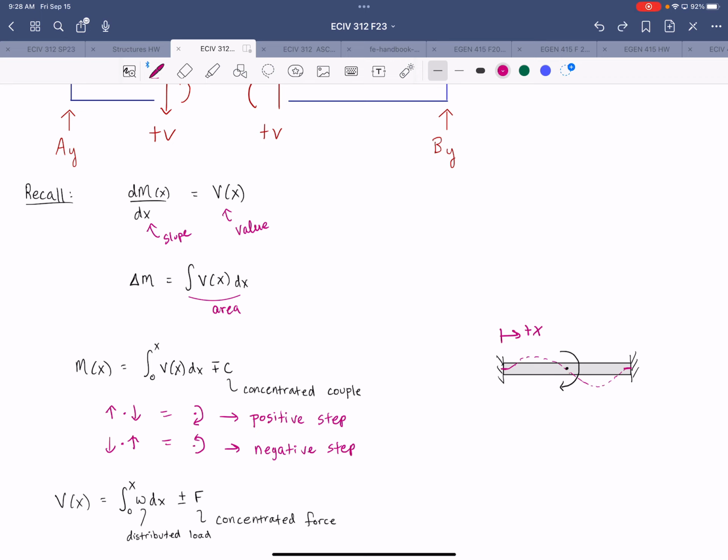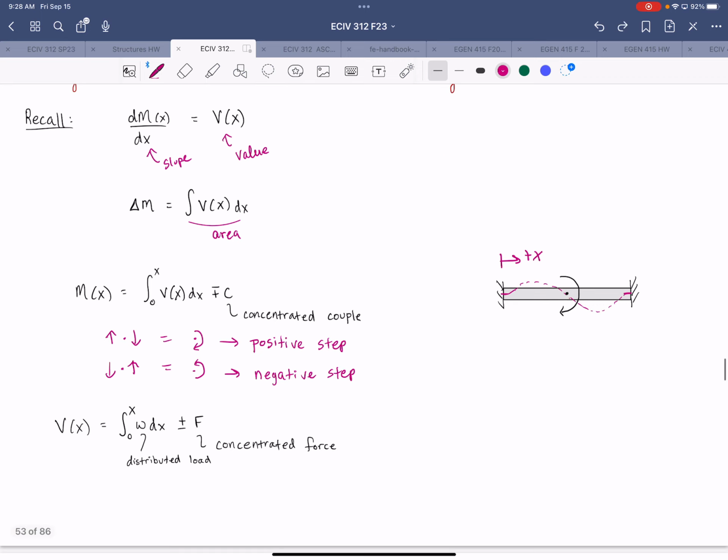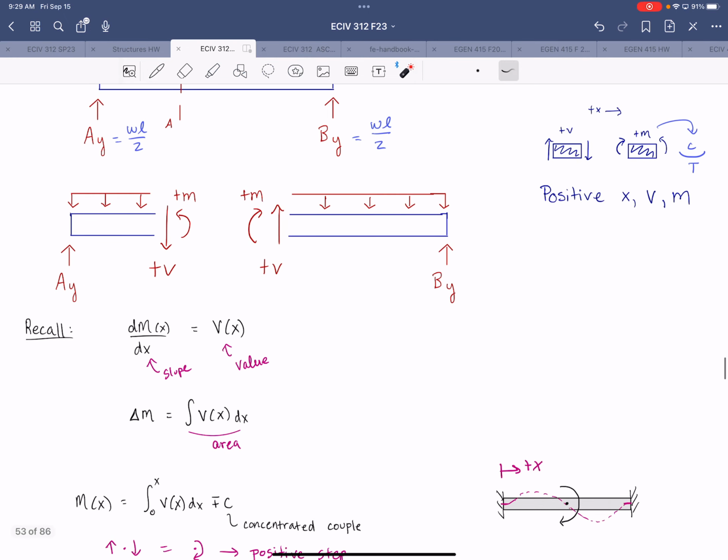So I'll just draw little sections, all right? So if we take a section on the left side of the cut, all right, that clockwise moment has the effect of negative bending, all right? Looking at our sign convention here, the right side of a segment would have positive counterclockwise.